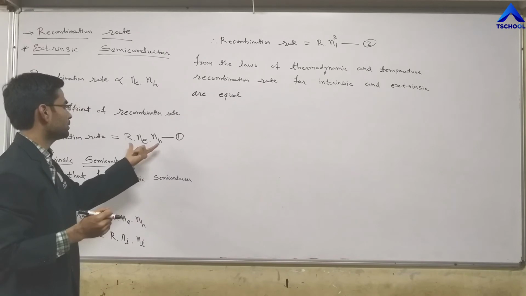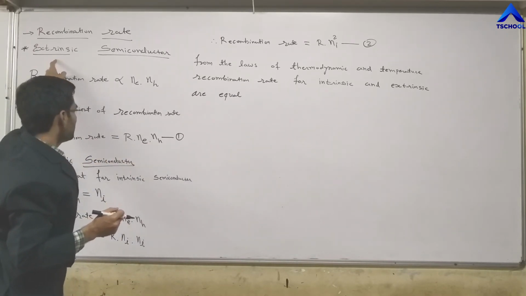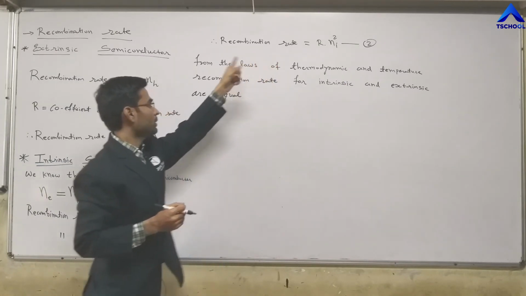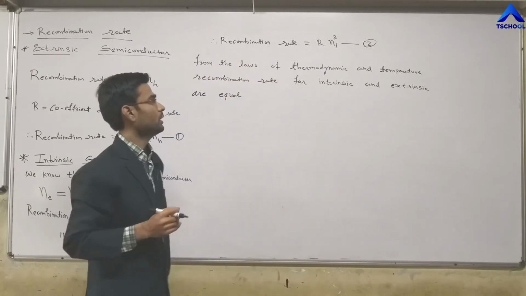From equation number 1, the recombination rate of the extrinsic semiconductor, and equation number 2, the recombination rate of the intrinsic semiconductor, R Ni square.